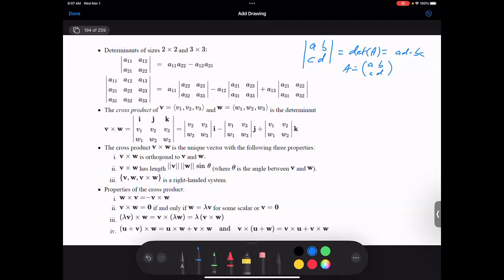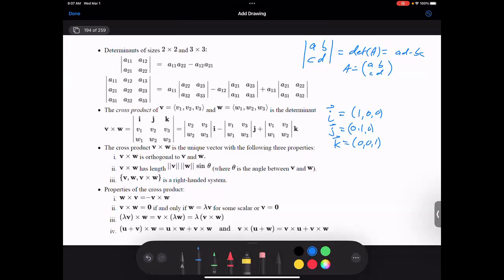So remember, i is the unit vector (1, 0, 0), j is the unit vector (0, 1, 0), and k is the unit vector (0, 0, 1). So one unit in the x direction, one unit in the y direction, one unit in the z direction. And we define v cross w to be the determinant of this matrix.